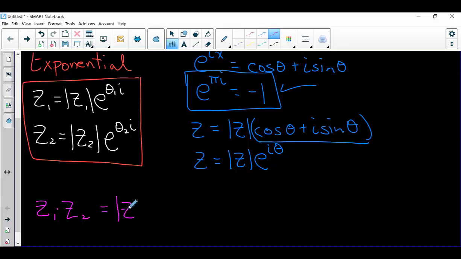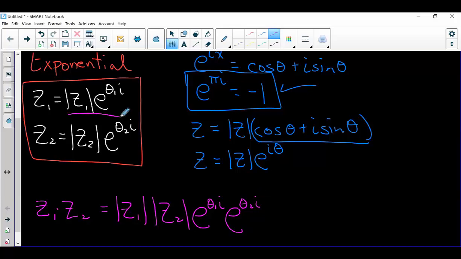That's the norm of Z1 times the norm of Z2, and this is e to the theta 1 i times e to the theta 2 i. See? I'm just putting them together. If Z1 does indeed equal this and Z2 equals that, then this is equal to the product.